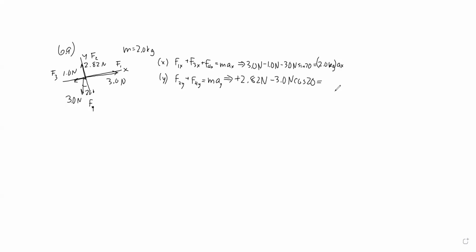And that also equals the unknown acceleration, 2.0 kilograms times a sub y. And that's how you solve the problem.